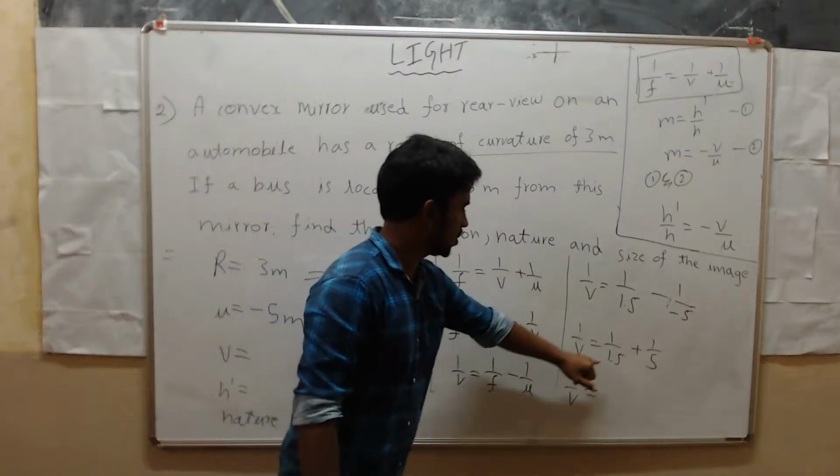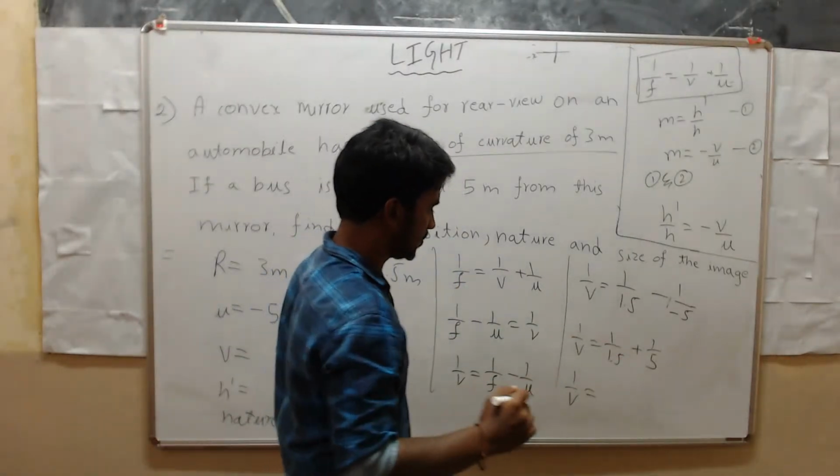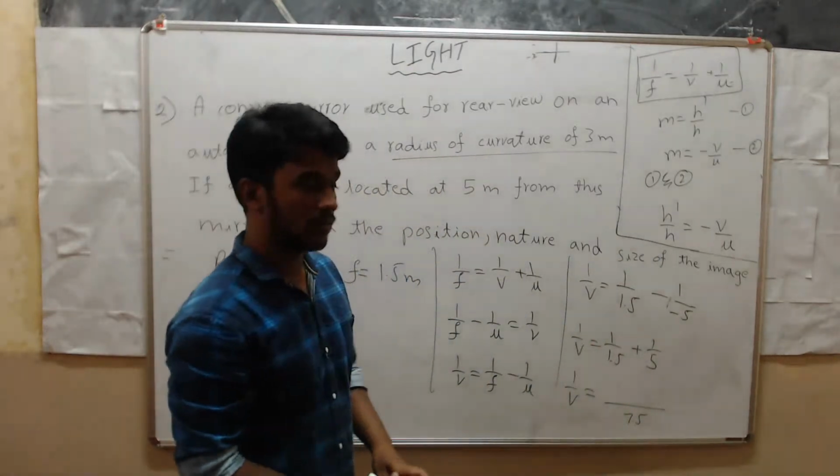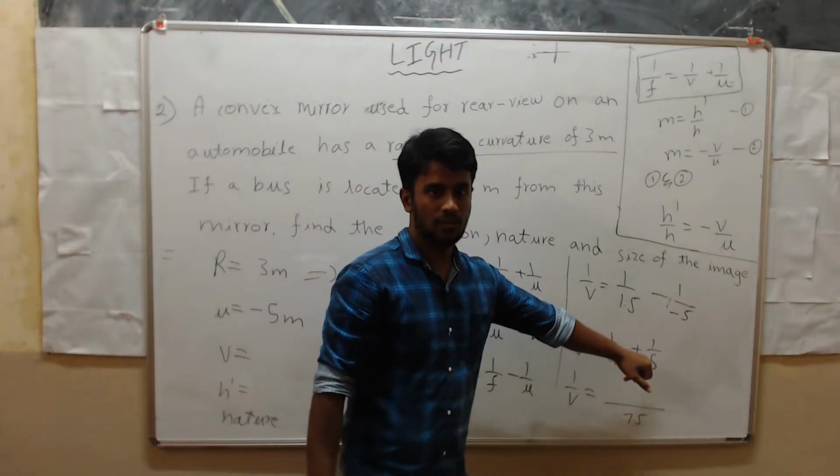What is the LCM of 1.5 and 5? That is 7.5. Hope you know how to take the LCM of 1.5 and 5.